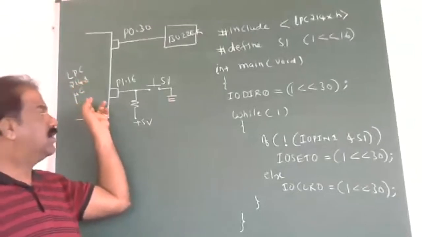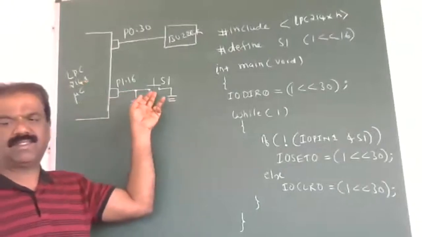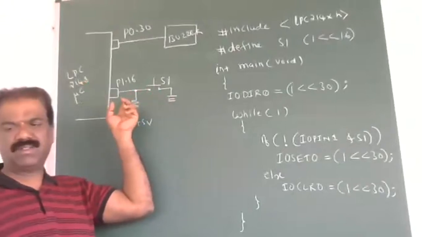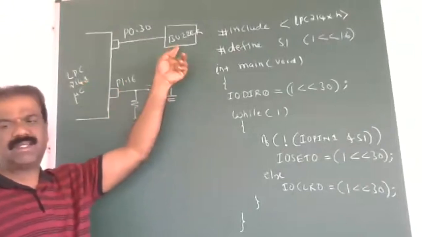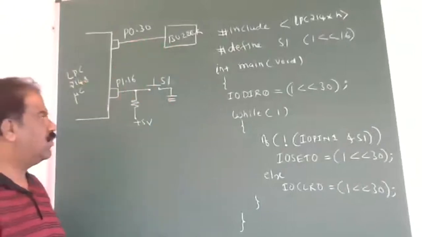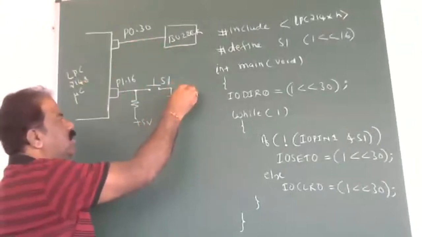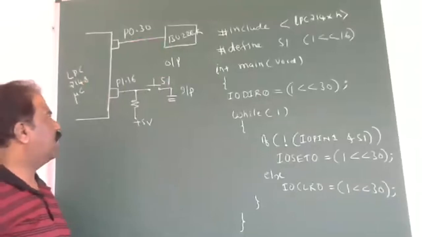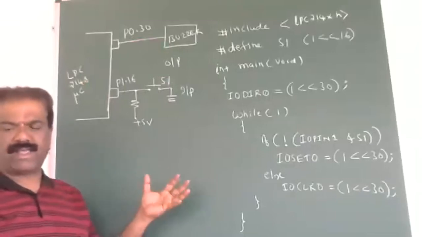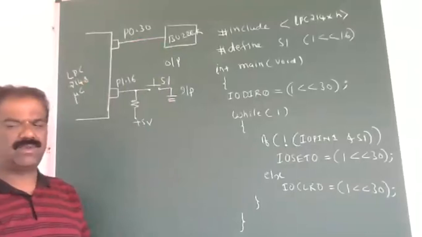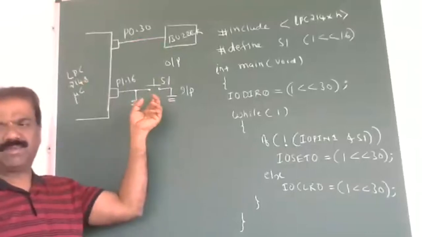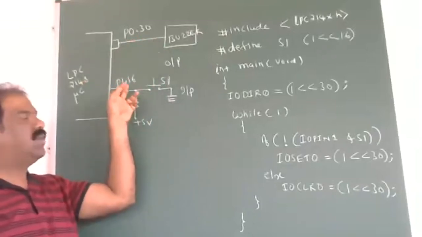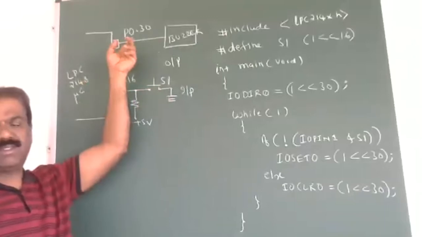There is a switch, SW1, that is S1, connected at P1.16, and a buzzer connected at P0.30. This is an example of an input device, and this is an example of an output device. As I told you already, by default the IO direction register contains 0, which means input. No need to configure especially for input, but only for output: P0.30 as output and P1.16 as input. P1.16 comes under port 1, and P0.30 comes under port 0.